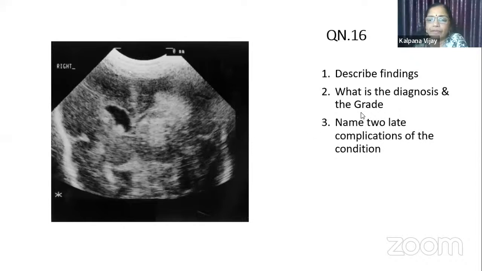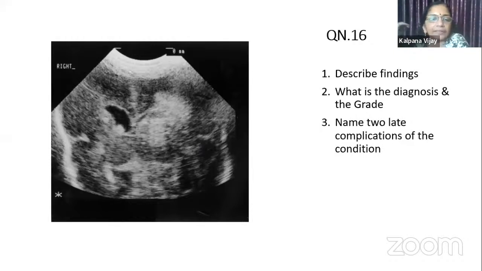Okay. Then name 2 complications. One is hydrocephalus, as you have mentioned. The second one will be, this bleeding will result in a porencephalic cyst, which will later result in weakness as well as seizure.